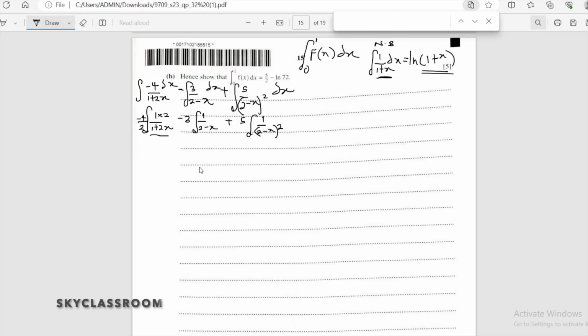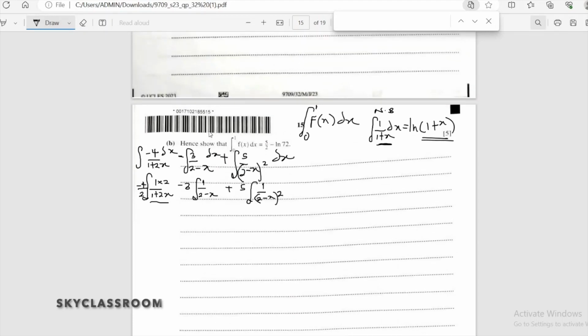Now the same thing with the second expression. When you differentiate the denominator, you're going to have minus 1, and what is on the numerator is 1.